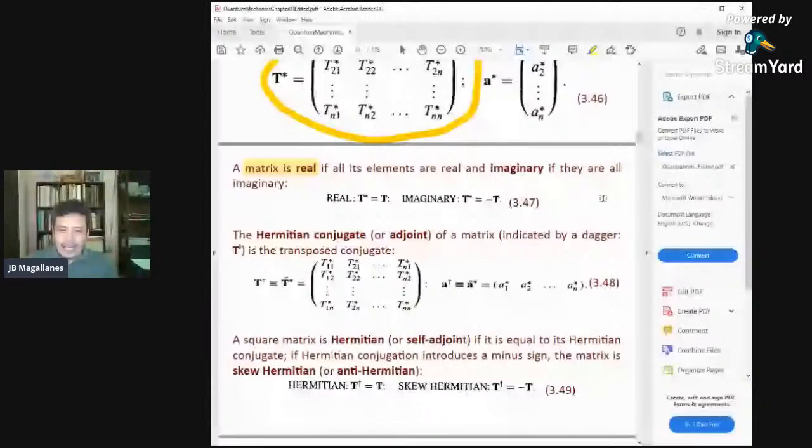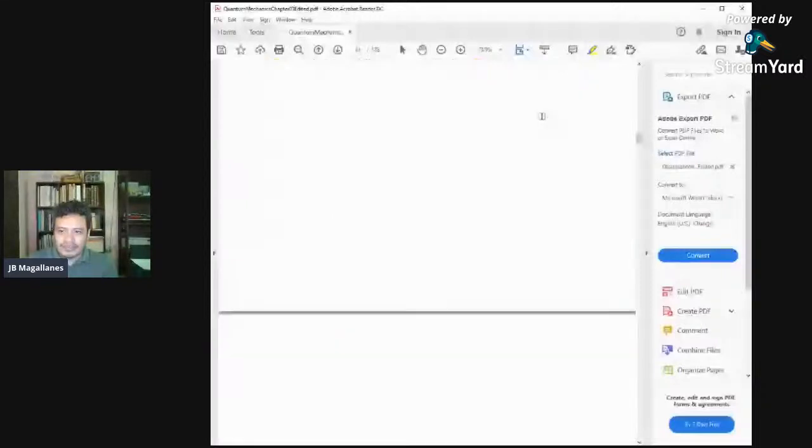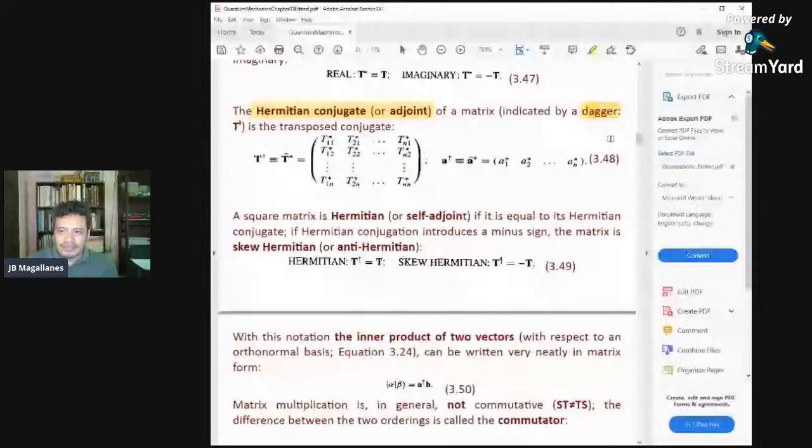The Hermitian conjugate of a matrix is indicated by a dagger beside the matrix. The Hermitian conjugate would be the conjugate and transpose of the original matrix.